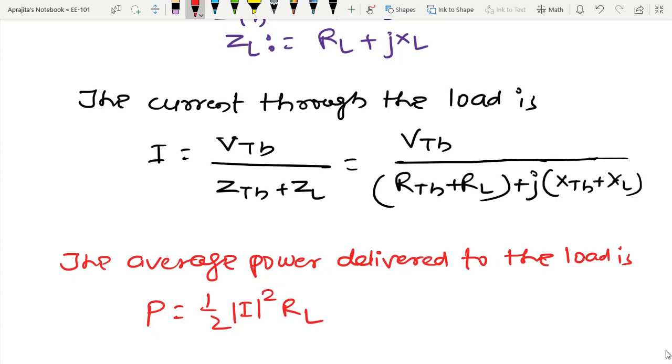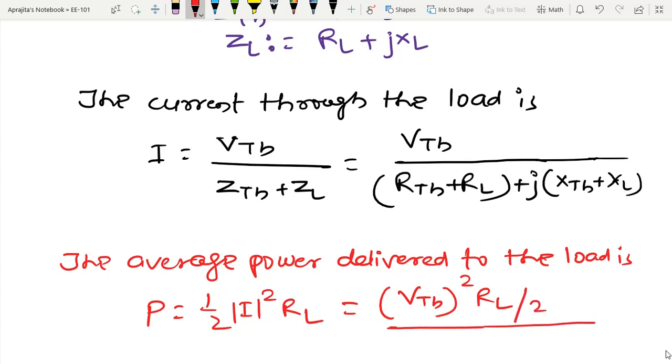After substituting the value of I, I can further write P equal to VTH square RL by 2, divided by (RTH plus RL) square plus (XTH plus XL) square.